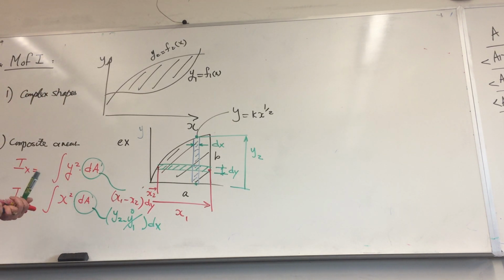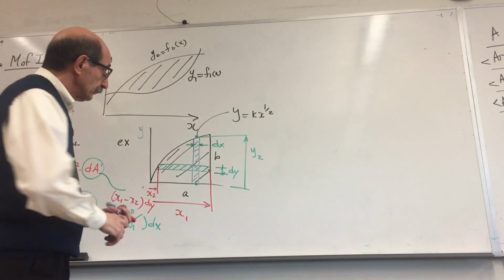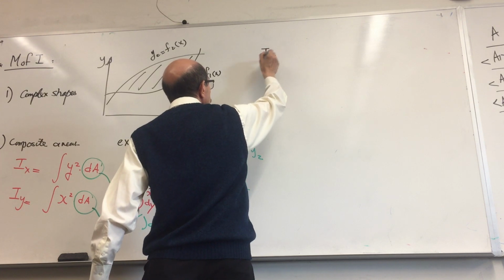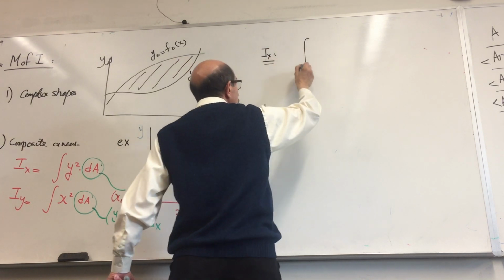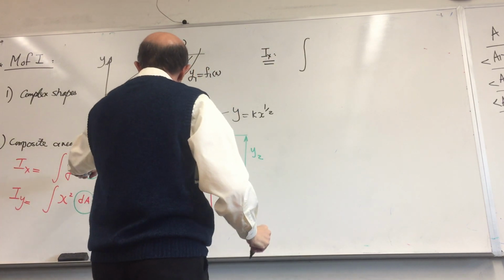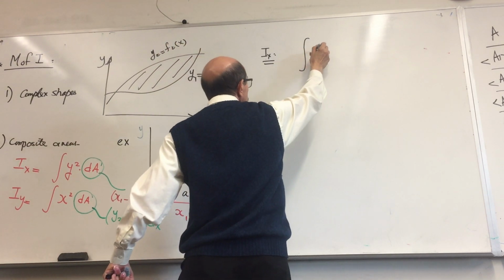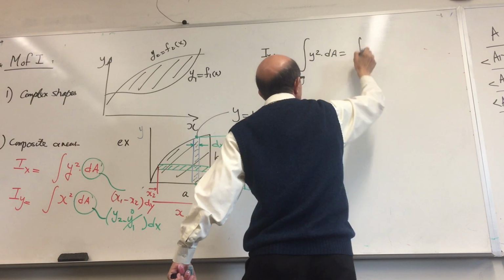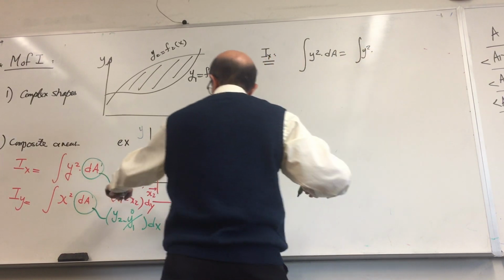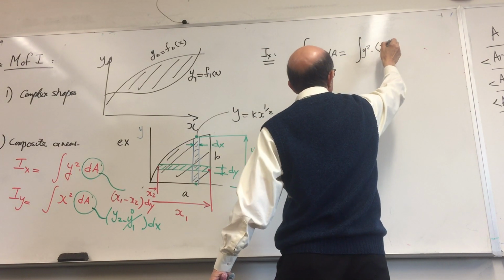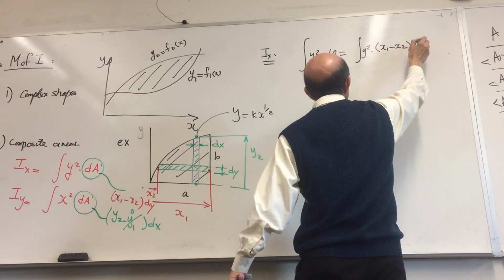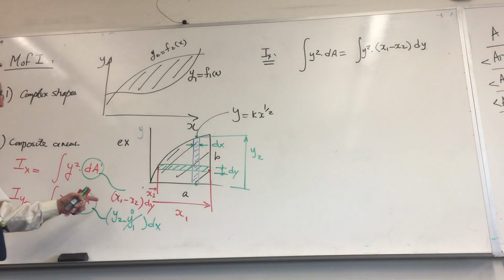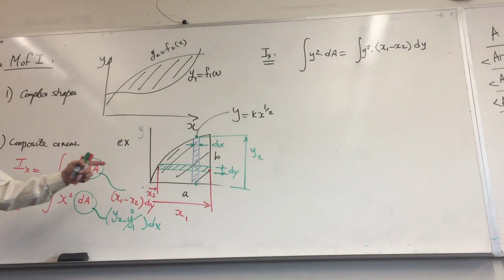So all you need to do is set up those integrals. For I sub x, you just have the integral of y squared dA, or y squared times x1 minus x2 dy. So you substitute for x1 and x2 as functions of y.